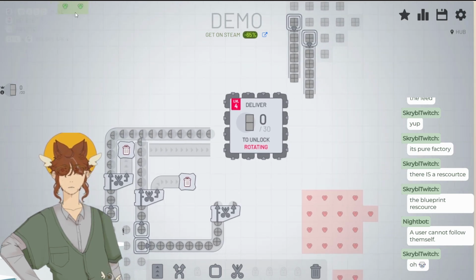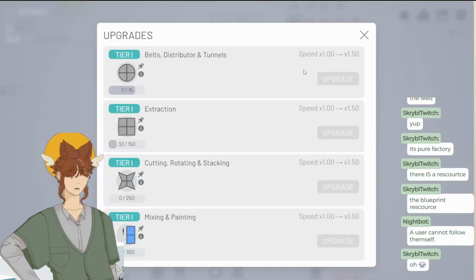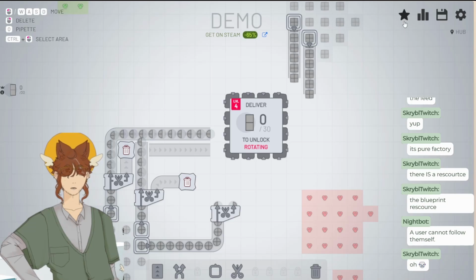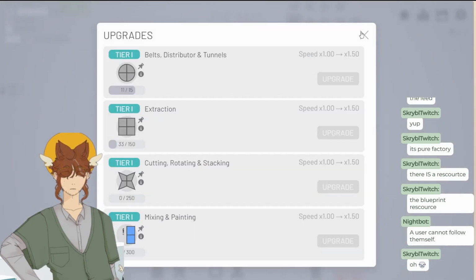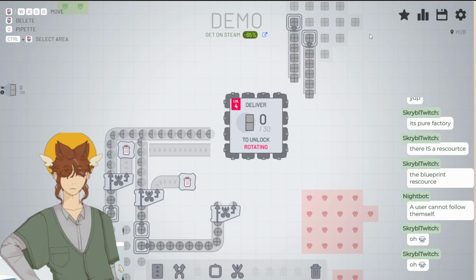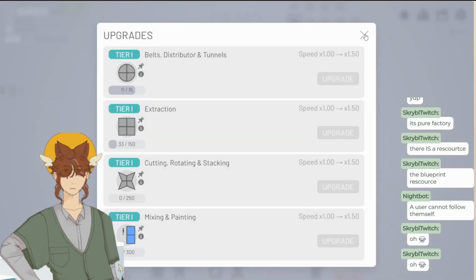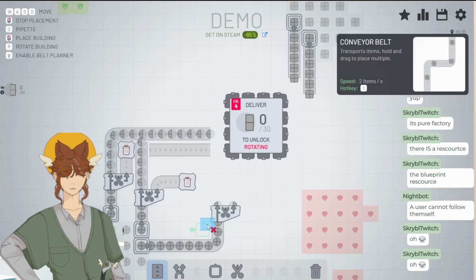Wait, how do I upgrade this stuff? Oh, I just have to put this. Wait, I can still put the stuff in there? It'll take it? Wait, but I don't want cutting. Wait, I'm confused.